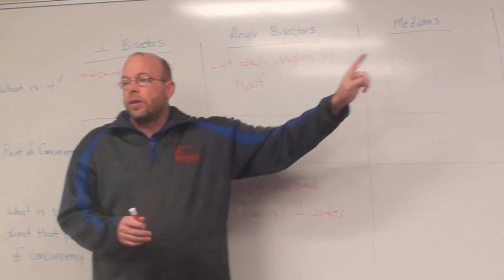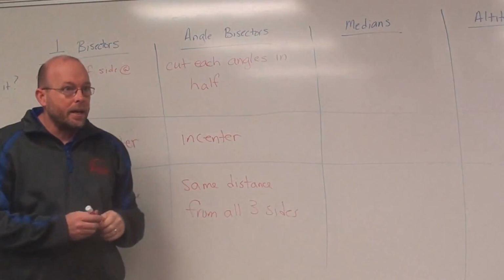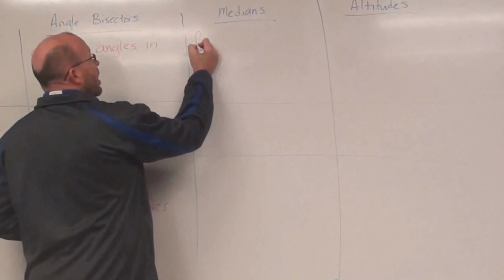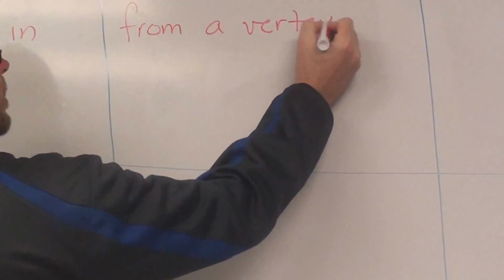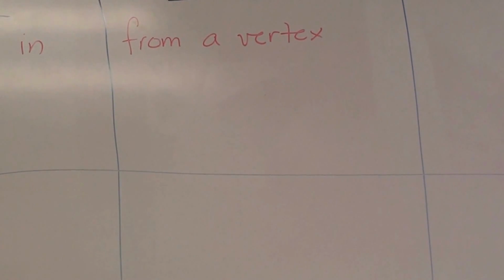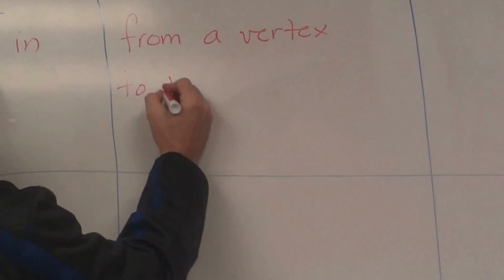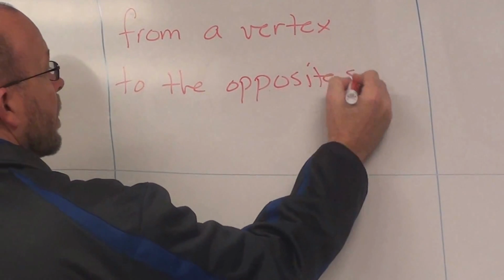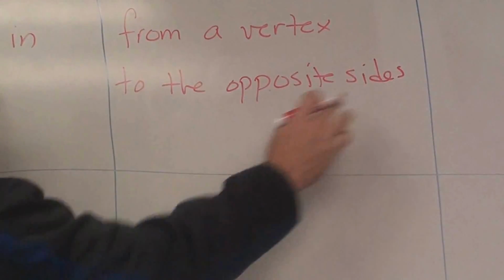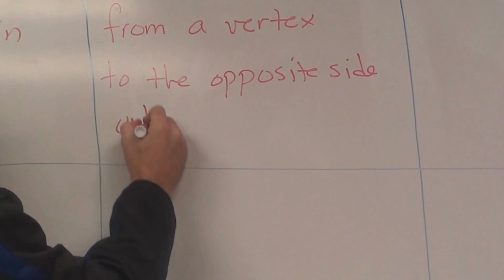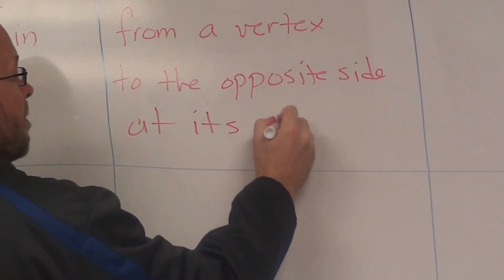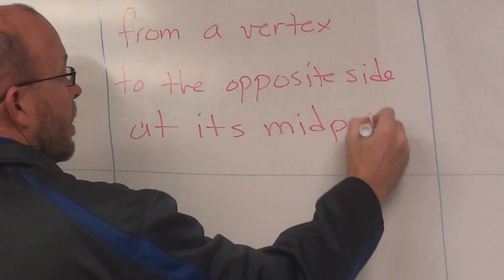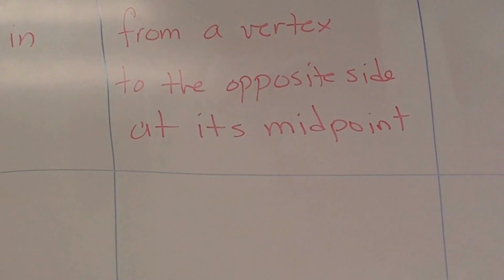But medians and altitudes are a little different. A median is a segment that goes from a vertex. So it has to start at one of the 3 points on the triangle, one of the 3 vertices, from a vertex to the opposite side, and it goes through the opposite side at its midpoint.